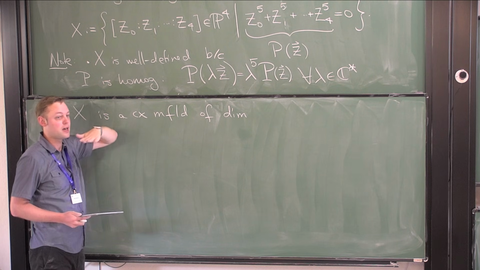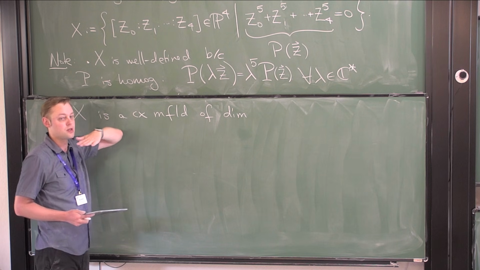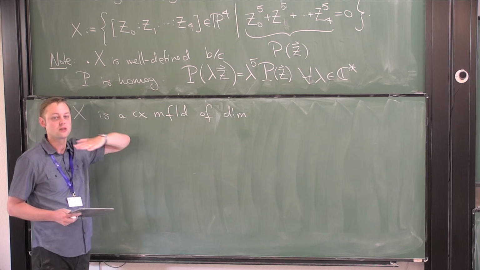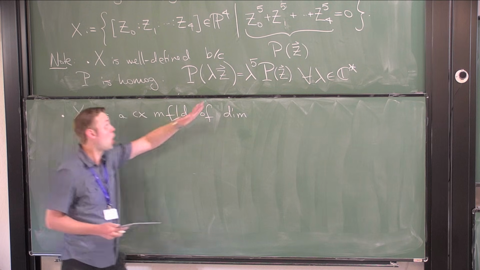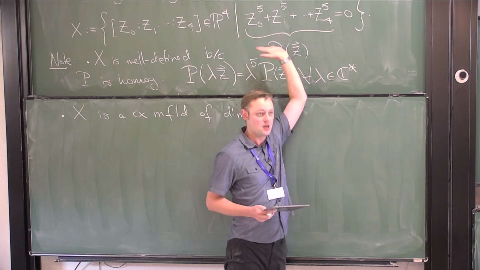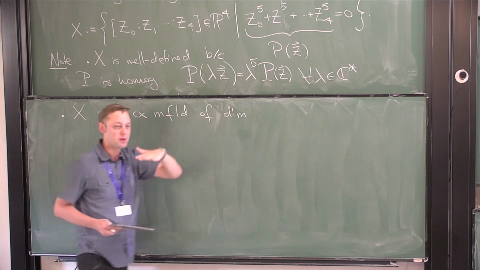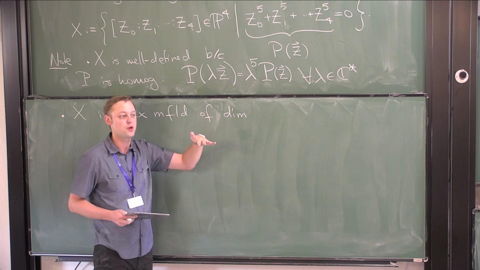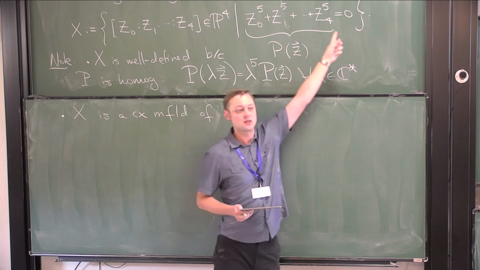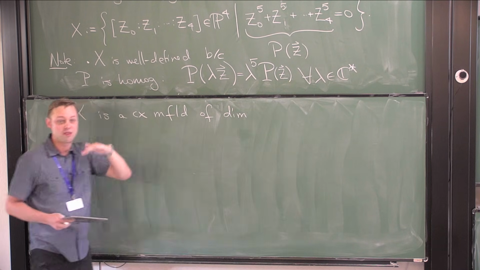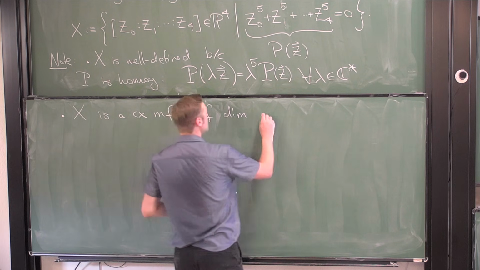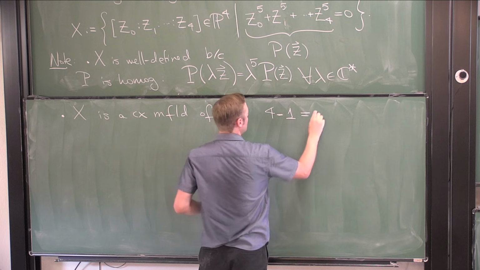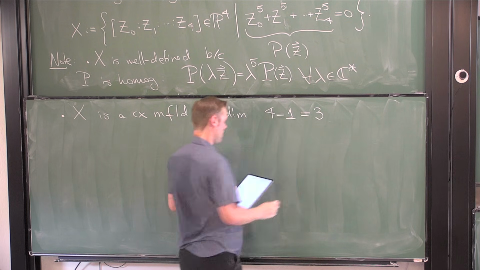And I'm defining it as a zero locus using a single equation, so a single complex constraint. This is a complex polynomial. So that means I have 4 degrees of freedom, and I'm eliminating one of those degrees of freedom by making this constraint. So I expect this to be a 3-dimensional thing. So it is indeed of dimension 4 minus 1, which is 3 last time I checked.